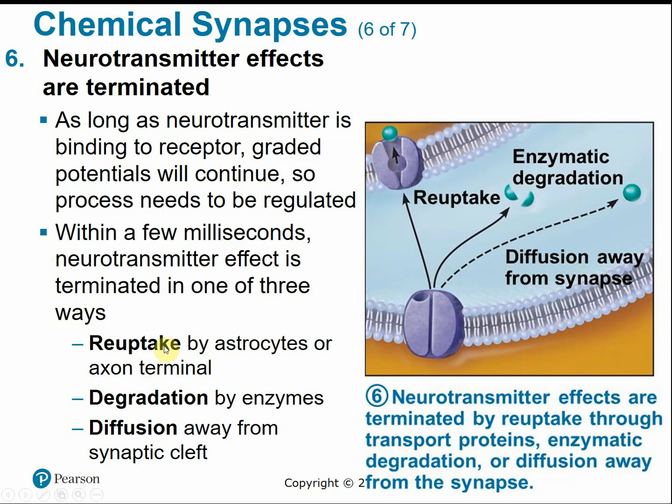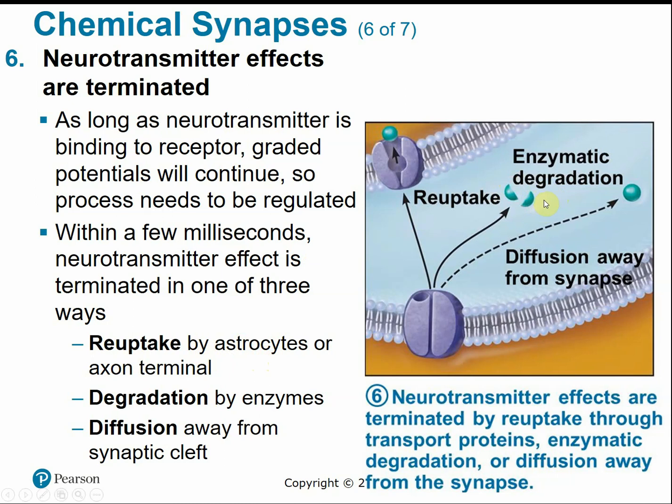We could just do reuptake. Some of those astrocytes, those neuroglial cells, help to mop up and clean up the immediate area around neurons. We could have enzymatic degradation. There's a specific enzyme that would work to break down these neurotransmitters.